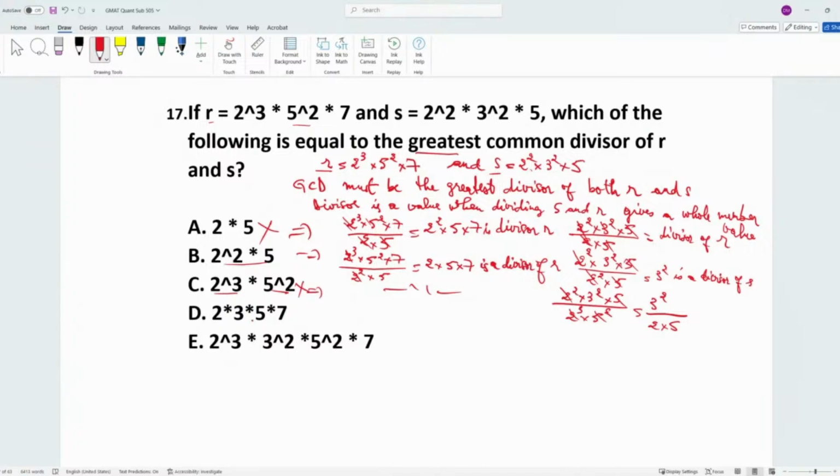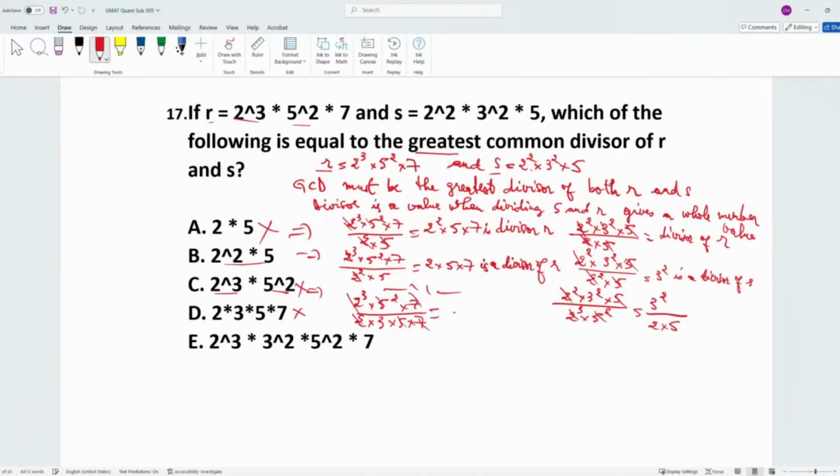This one here is not a divisor of R, okay? Since it's not a divisor of R, we can't continue, because we want something that is a divisor of both R and S. Why do I say it's not a divisor of R? Because R is 2 to the power 3 times 5 to the power 2 times 7. And if we say 2 times 3 times 5 times 7, we simplify like this.